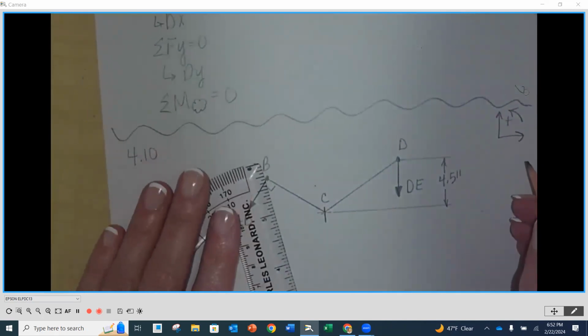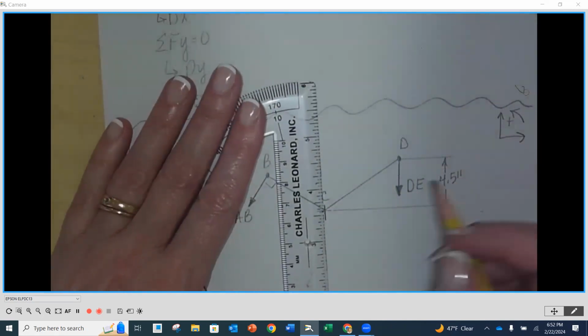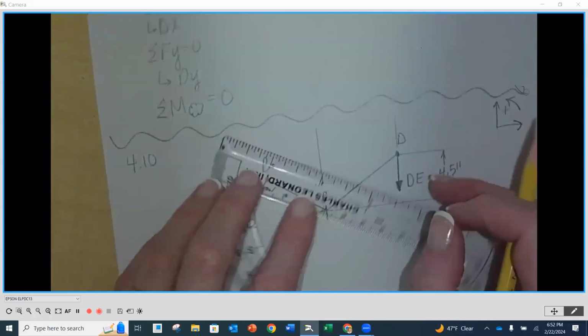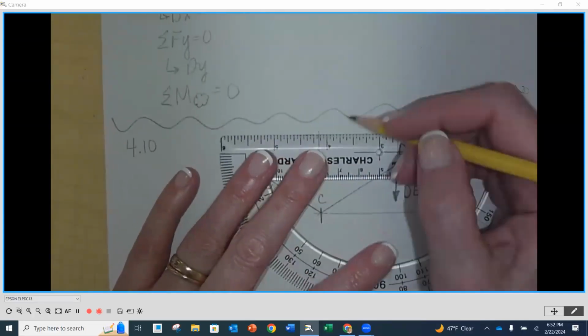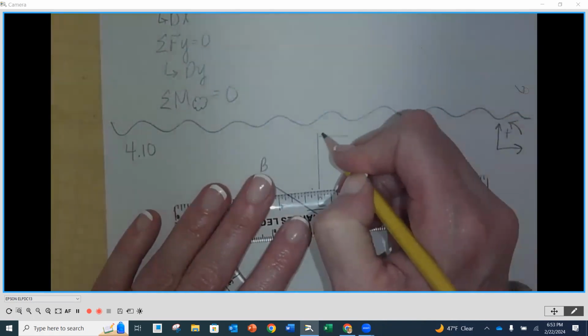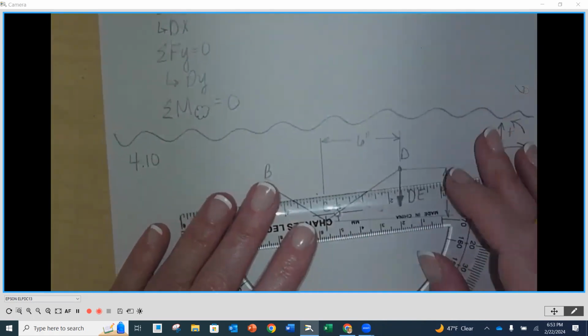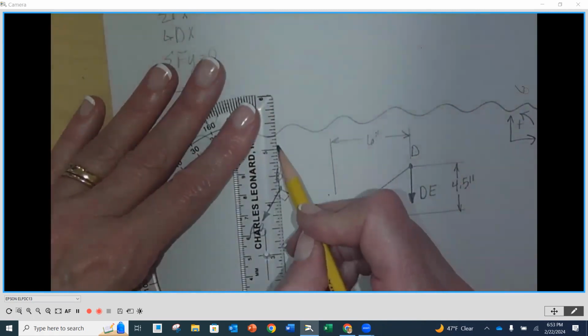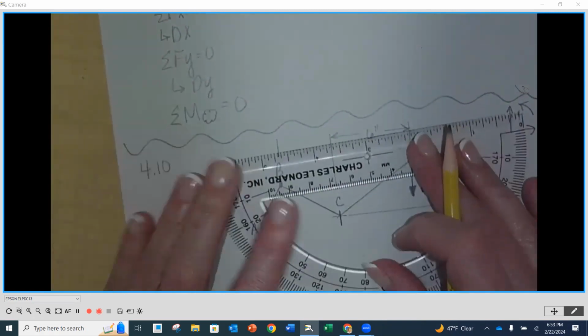Then coming up, going over to D is going to be 6 inches. Then over to B, it's going to be 4 inches.